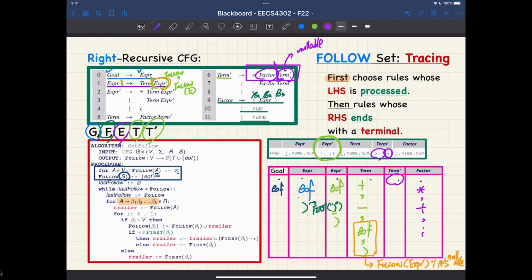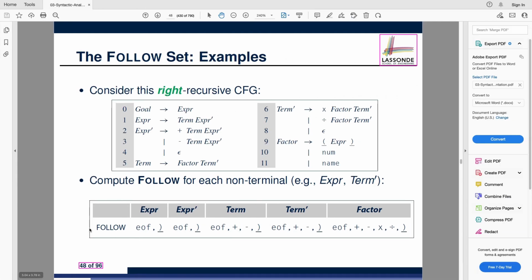Start the table empty, like what I did, and then feel free to go with this particular order of the variables. Make sure that after you have completed the tracing, the computation for the follow, you will see exactly the result like that. If you can see that result, then that means you really got it. Okay, that's something I'll leave to you guys.